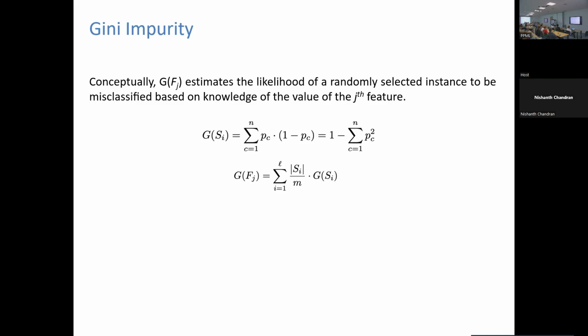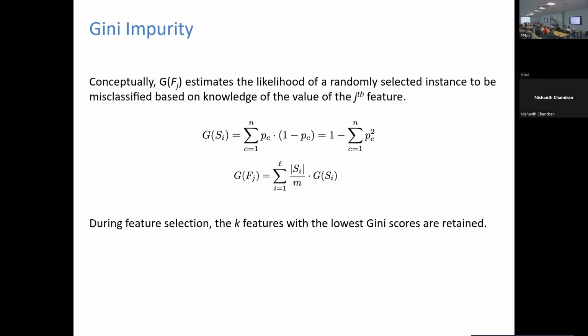So you want smaller Gini scores for the features. And then the idea is that during feature selection, you just keep the K features with the lowest Gini scores. And those are the ones you don't bother with for the training.